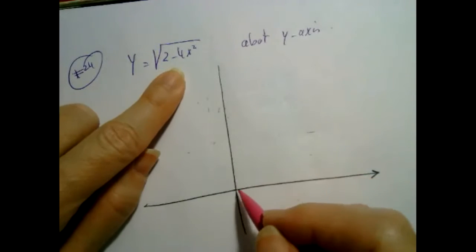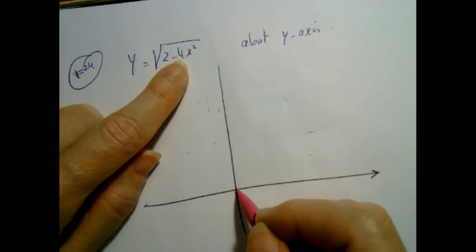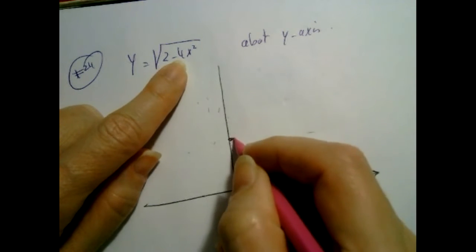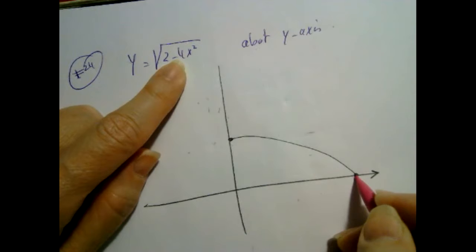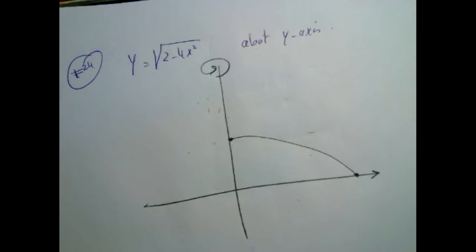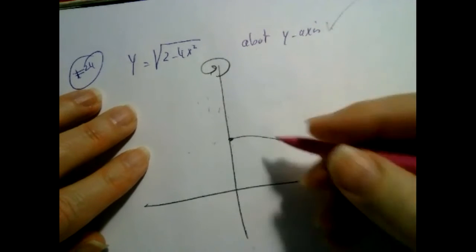One day you will recognize this is basically an ellipse. And if x equals 0, I'm right here. So it's going to look something like that. I'm going to rotate it around the y-axis. Okay, so I want the shell method.